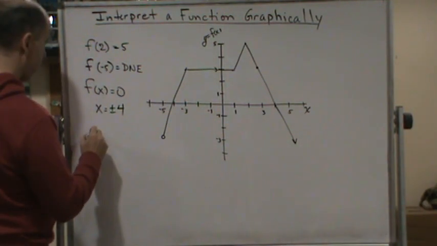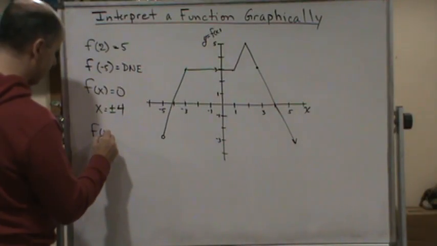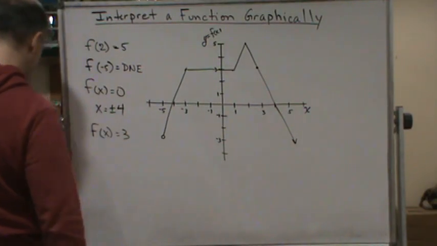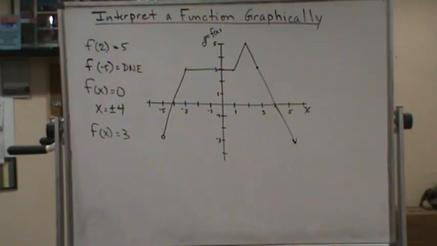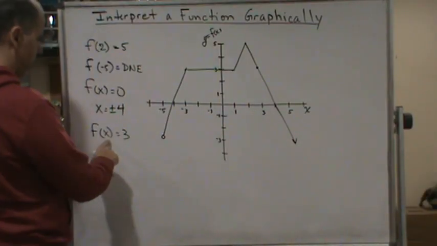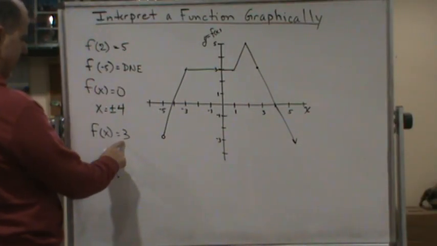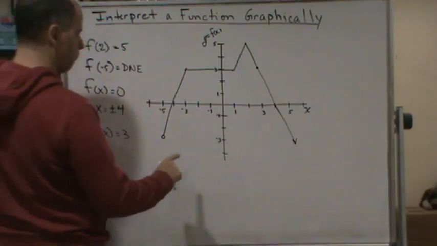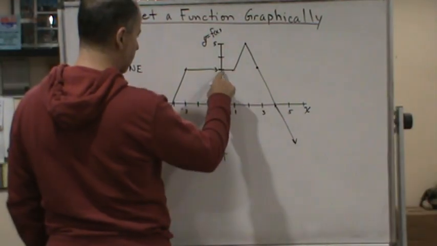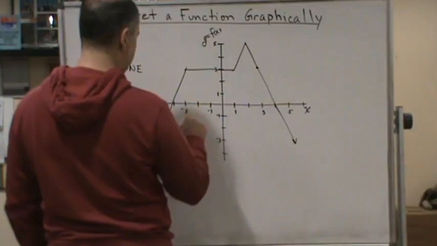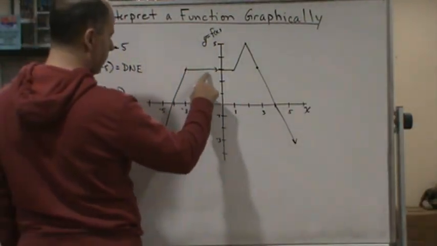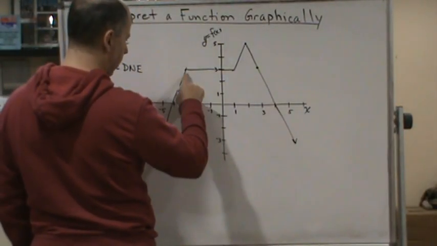Now, what about f of x equal to 3? Now we look at the graph, and we're looking for the value of the graph when f of x is at 3. So when f of x is at 3, which is right here, that means all the values of x are from here to here.